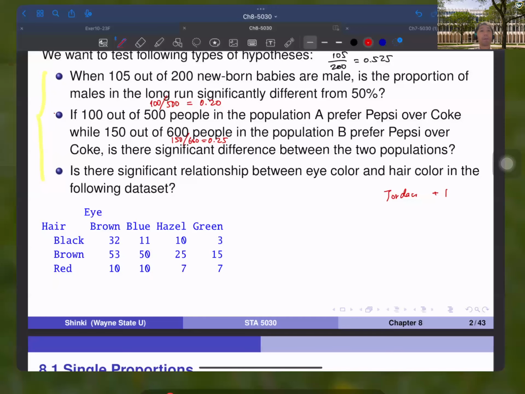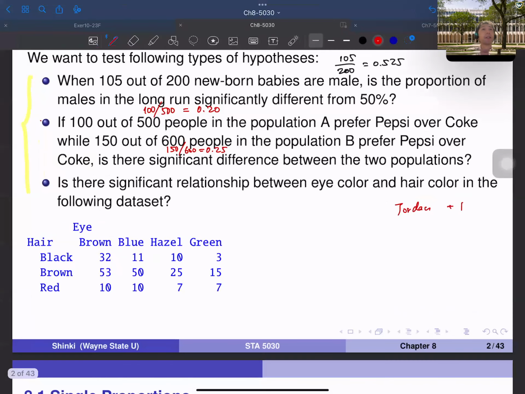And the third question: in general, if we have a table of counts, is there a significant difference between two factors? This is a table for, I think, the graduate students in some statistics department many years ago. The professor checked the eye color and hair color.